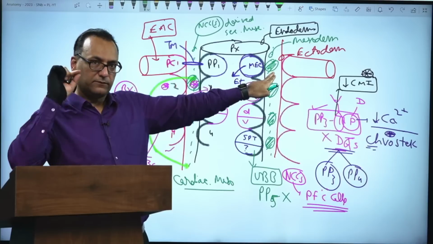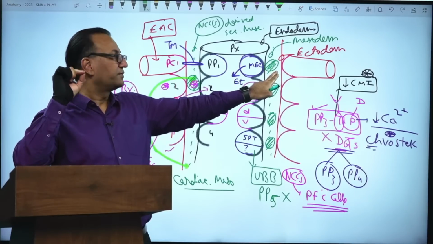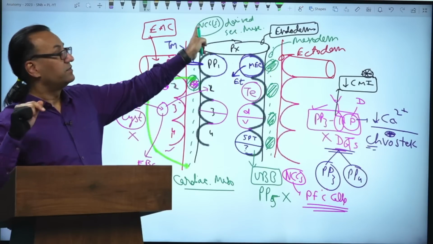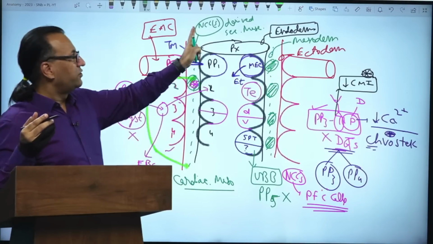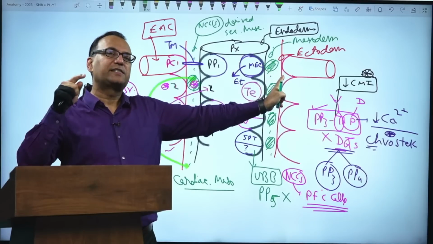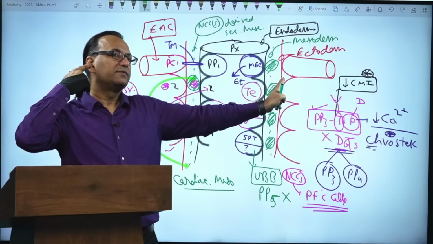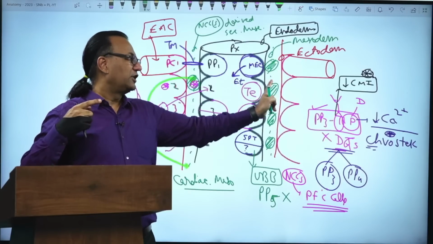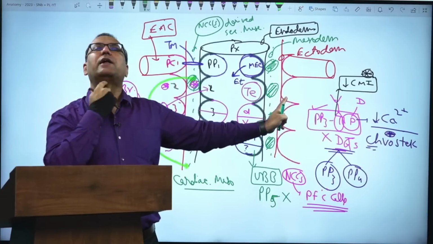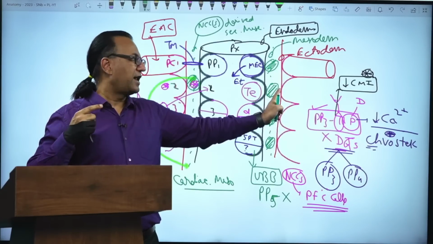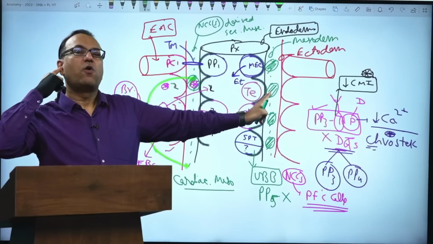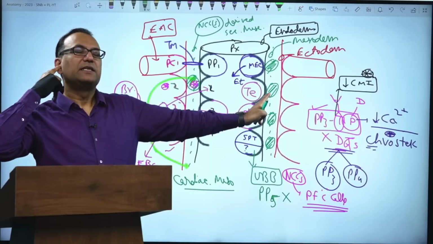This will form mandible, malleus and incus from neural crest cells, because this is neural crest cell derived mesenchyme. And the second arch will form stapes and upper hyoid: the stapes bone in the middle ear cavity and the upper hyoid.